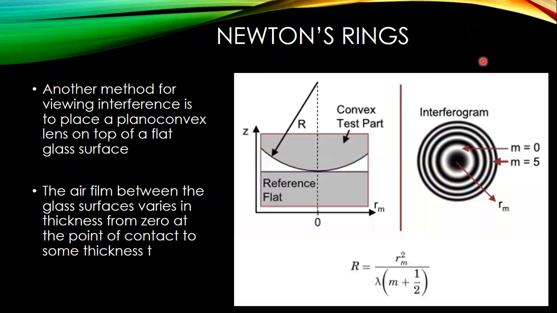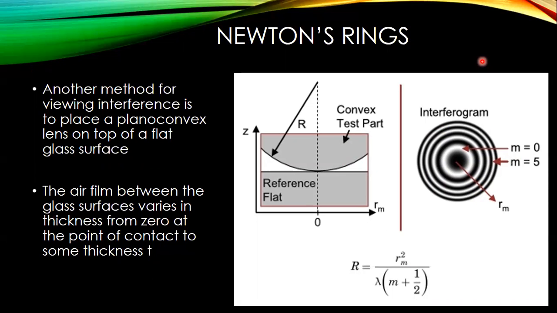Here's another application of using interference to analyze a lens. When lenses were first ground, they were ground with not a whole lot of tools to analyze their shape.